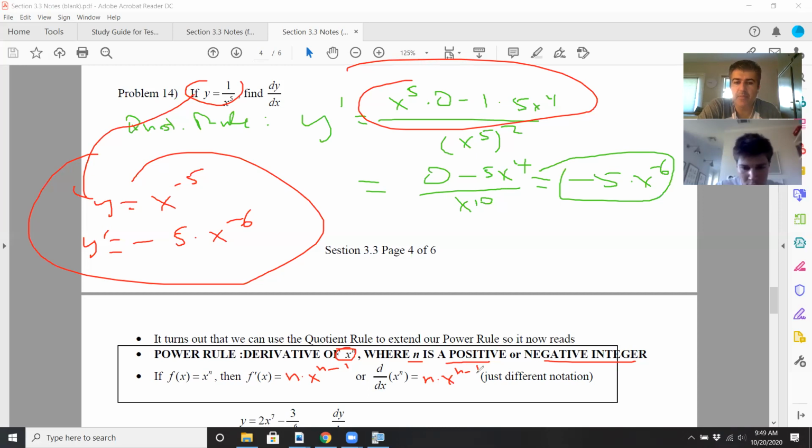We'll talk more about that later. But as long as your exponent is a real number, you can do this power rule. Like if I have x to the negative 4.8 power, if that's y, then what's my derivative? It's just going to be negative 4.8 times x to the negative 5.8 power. That's all you're doing. Just move the exponent down to the front, and your new exponent will be dropped by 1. That's all.